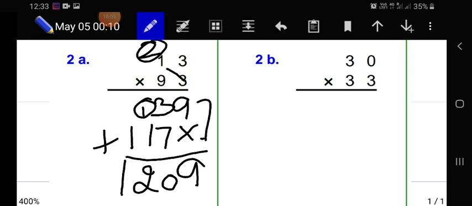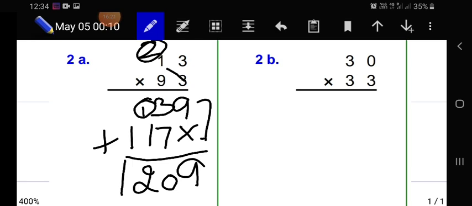Now moving next. I will do the next sum also, so that it is properly clear. So first of all, the second sum is 30 multiplied by 33. Understood?